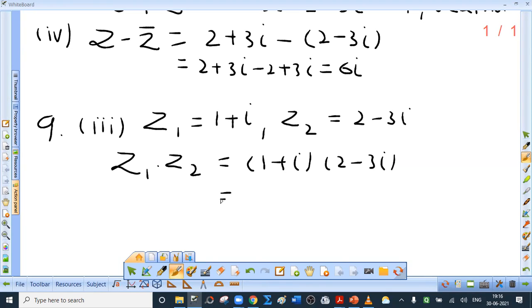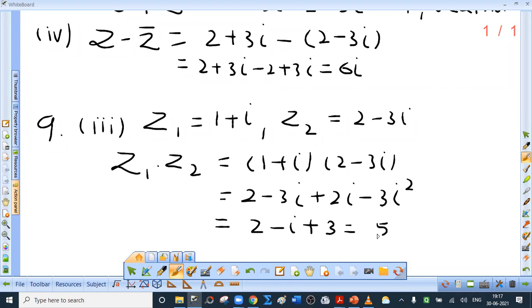Just open the brackets. So it is 2 minus 3i plus 2i minus 3i square. So this is 2 minus i plus 3. You have to mention the reason for that. So 5 minus i.